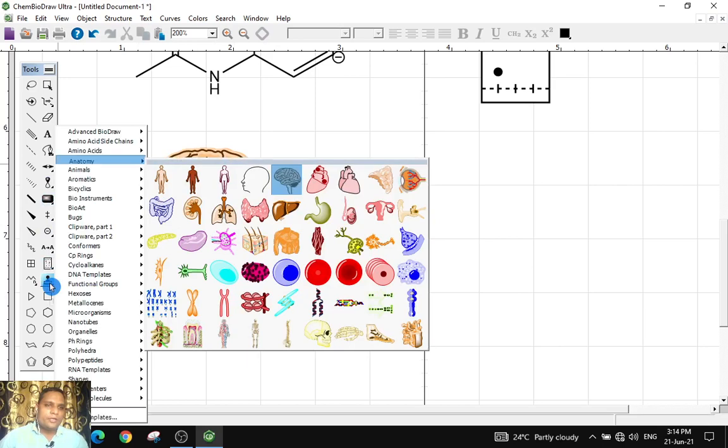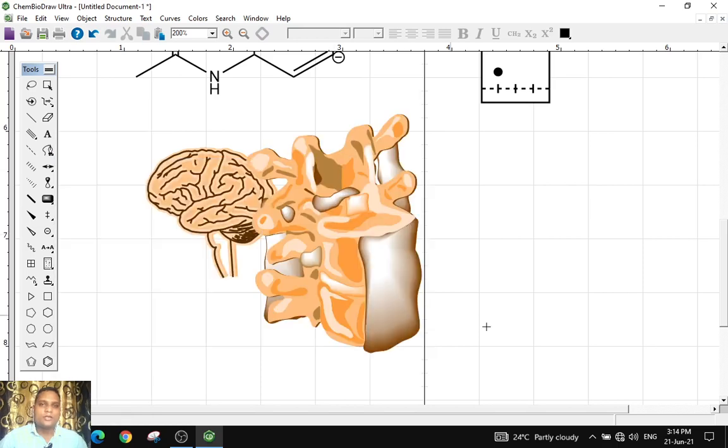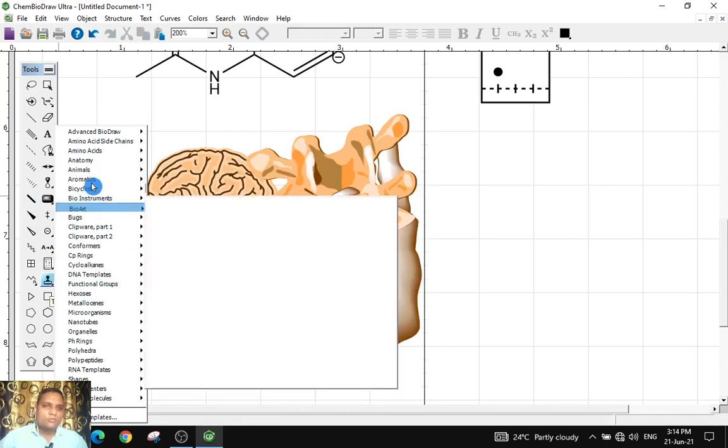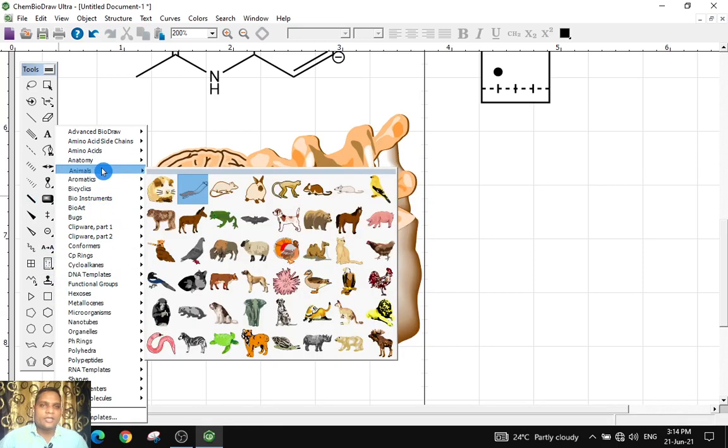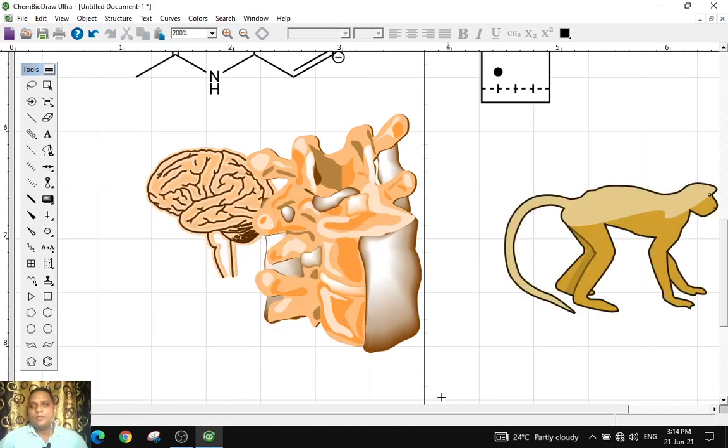Not only the brain, we have various other tools there. You can also use other anatomical functions. You can directly click here and get them. Not only this one, we still have some more, something like animals. Suppose you want the monkey there, simply by clicking here, you can see the monkey appear.